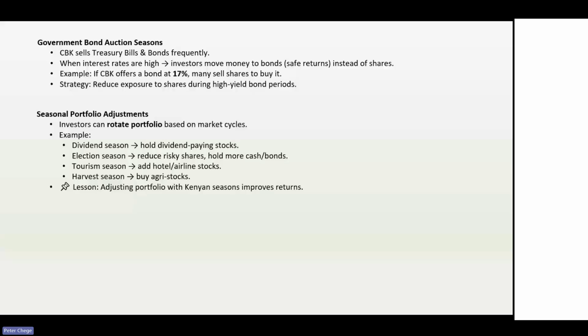During dividend season, hold on to dividend-paying stocks, don't sell before you receive. Election time, reduce risky shares, hold more cash, wait for prices to go down, then buy. Tourism season, get into hotel and airline stocks, but always check debts. When prices go up, sell immediately. These are not stocks to hold, because of competition. Harvest season, agricultural stocks.